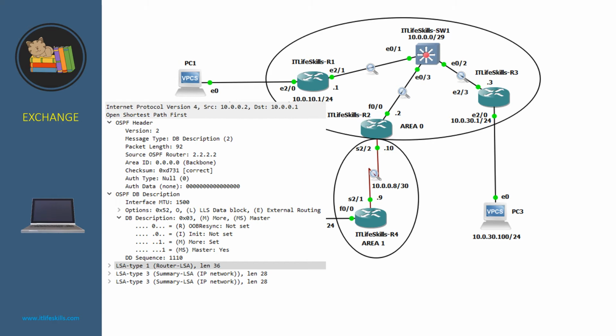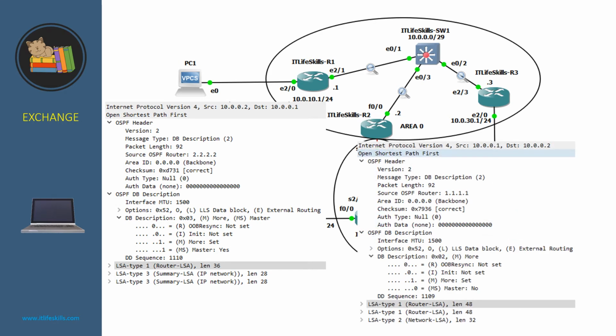As you can see, router 2 is the master, and it tells router 1 that it has the router LSA and summary LSAs. And here is a database description packet that router 2 received from router 1. And as you can see, router 1 is not the master, and it tells router 2 that it has the router LSA and network LSAs.